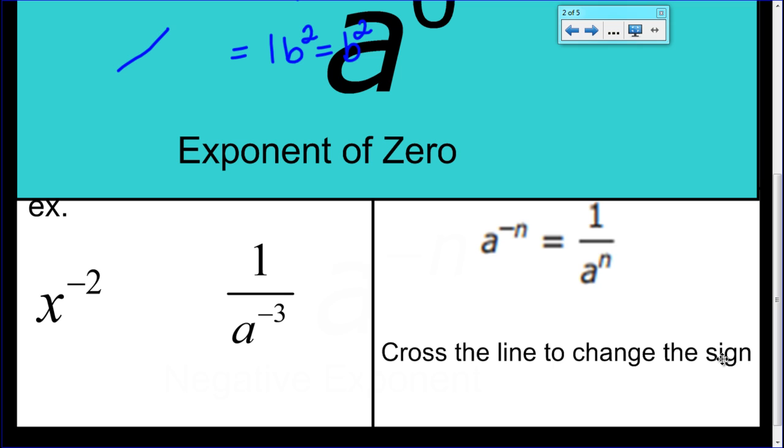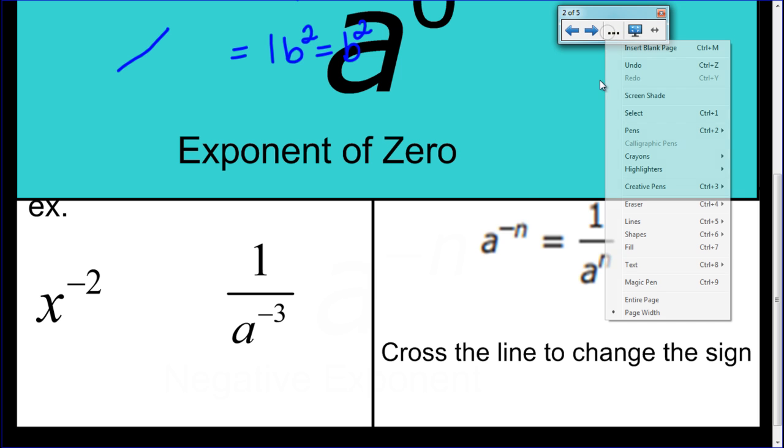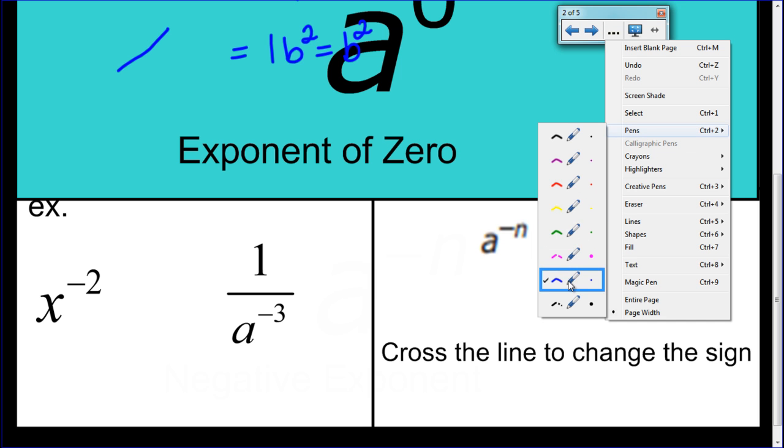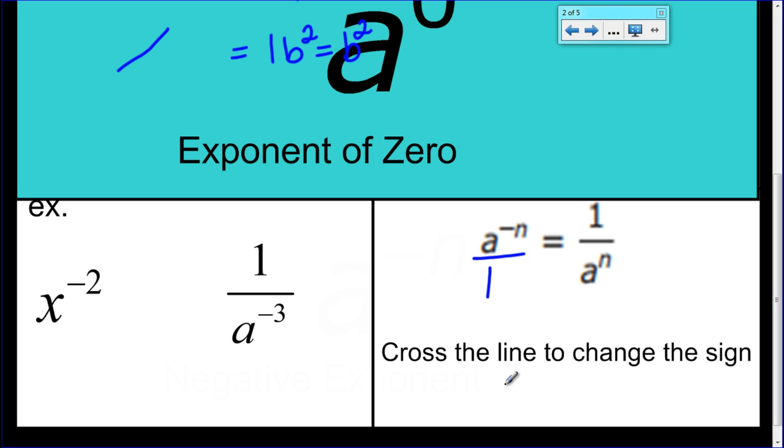In order to convert a negative exponent into a positive exponent, and that's what our goal is. We want them to all be positive exponents because you're not fully simplified as long as you have negative exponents in the expression. So I want to make them positive, and so to do that, I have to cross the line. So I'm going to have to write it as a fraction. So if this was over 1, this has to cross the line down into the denominator so it becomes positive.